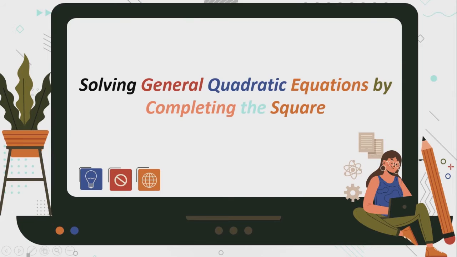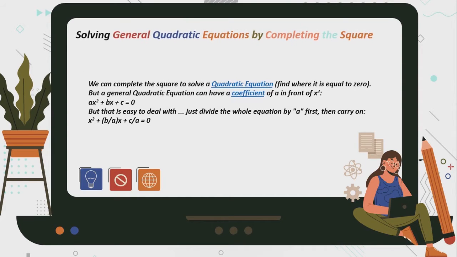Okay, number 2, solving general quadratic equations by completing the square. We can complete the square to solve a quadratic equation. Find where it is equal to 0. But a general quadratic equation can have a coefficient a in front of x squared: ax squared plus bx plus c equals 0.